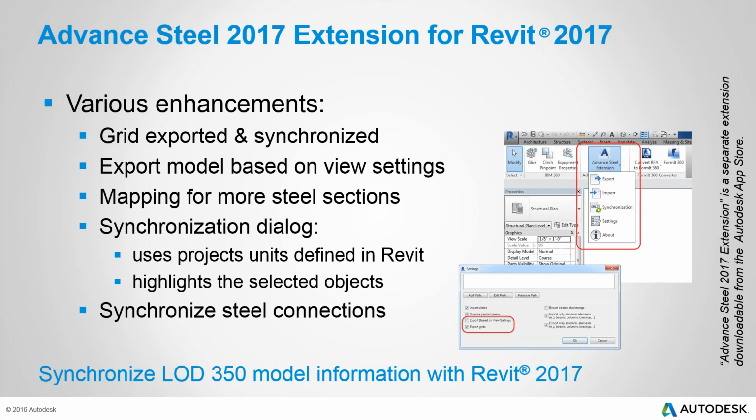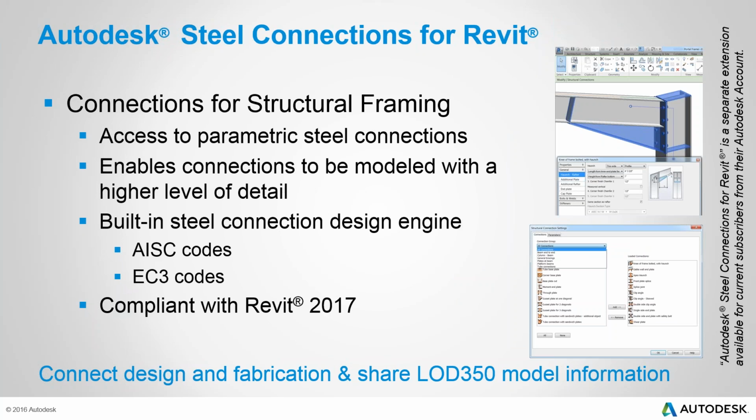As we progress over the course of the current year and the upcoming years, the synchronization between the two just gets better and better. If anyone hasn't noticed, with Revit 2017, when you install your software, you get the Autodesk Application Manager, and you will get access to the steel connections for Revit.